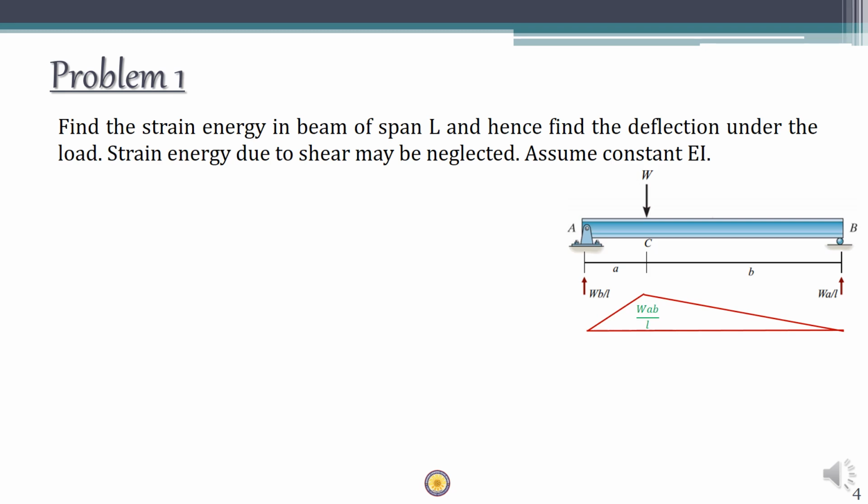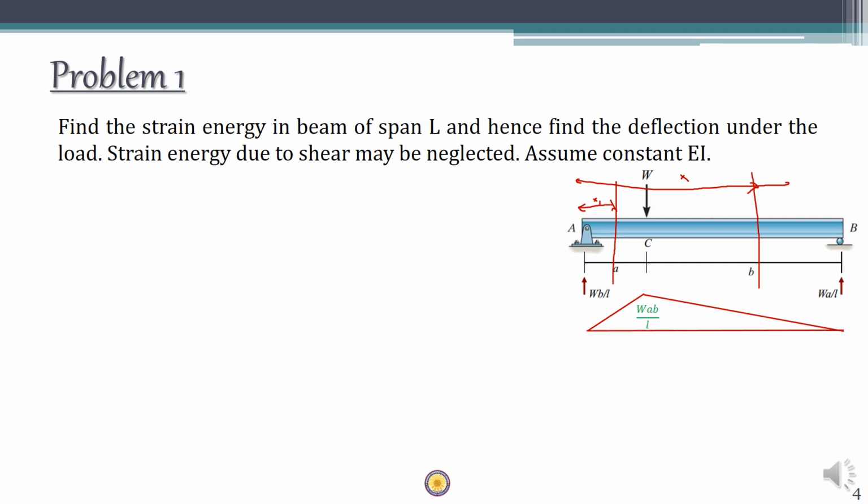First we have to consider a section somewhere here, so x will be considered as this, and secondly for the second section, first we can say it is x1, and then we have to consider another section at a distance of x for writing the bending moment expression for section CB, right?